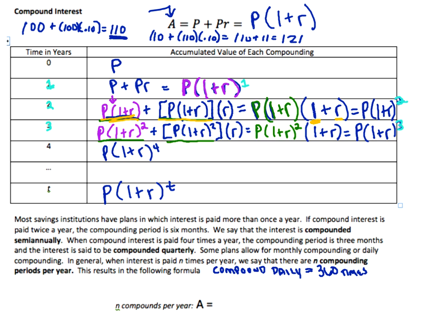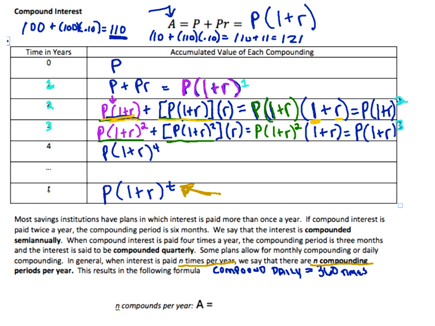So in general, when interest is paid, let me get a different color. When interest is paid n times per year, so however many times per year, we say that there are n compounding periods. So let me point something out. When you're using this formula, it doesn't take into consideration that it may be compounded more than once a year.